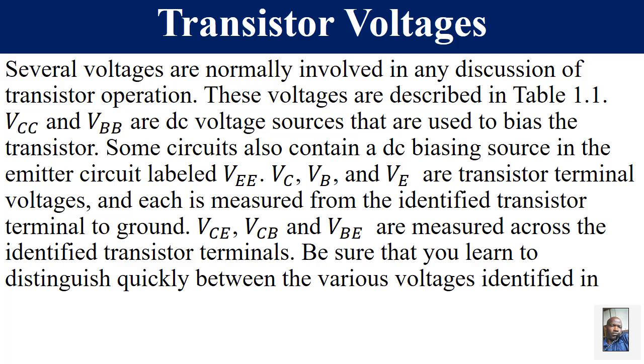But when we only have one subscript, we call them transistor terminal voltages, and they are measured with respect to the ground. When we've got two different subscripts, these are known as junction voltages, and they are measured between the two terminals of a BJT. Let's see in the coming slides what we mean by these transistor voltages.